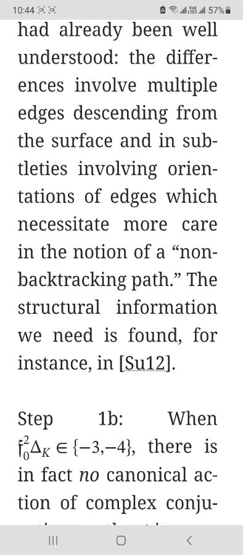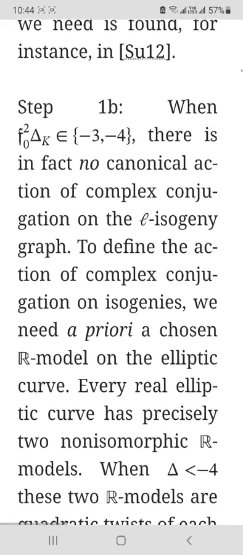The differences involve multiple edges descending from the surface, and subtleties involving orientations of edges, which necessitate more care in the notion of non-backtracking paths. The structural information we need is found, for instance, in SU12. That is another paper authored by Sutherland.